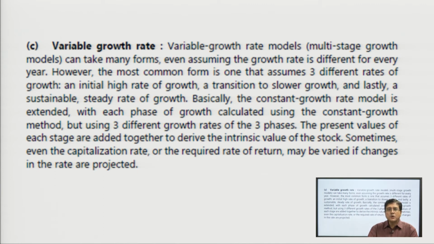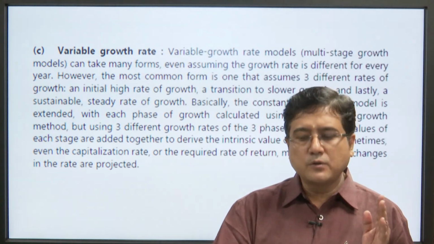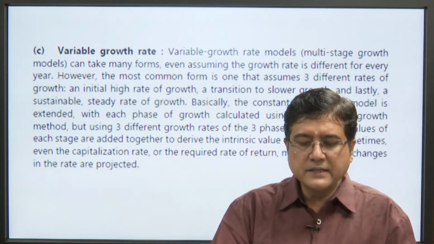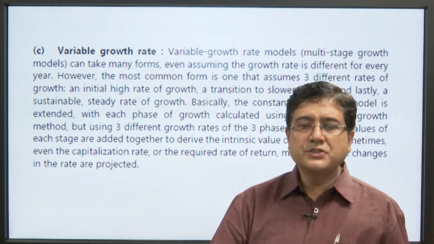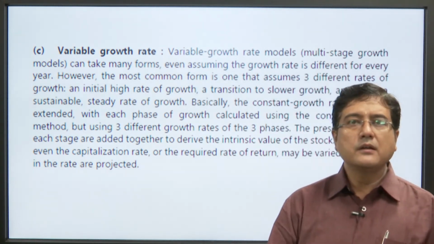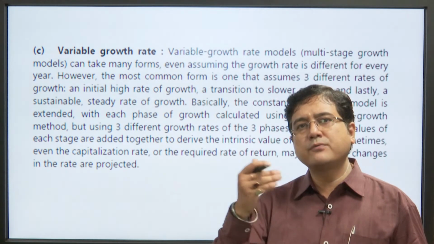However, the most common form assumes 3 different rates of growth: an initial high rate of growth, a transition to a slow rate of growth, and at last a sustainable, steady rate of growth. Basically, the constant growth rate model is extended with 3 phases, with each phase of growth calculated using the constant growth rate model.